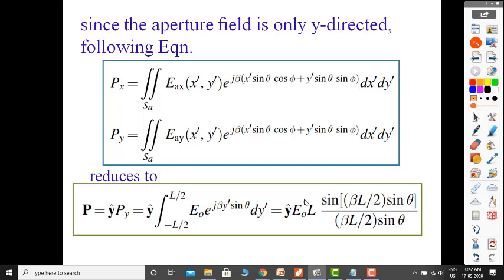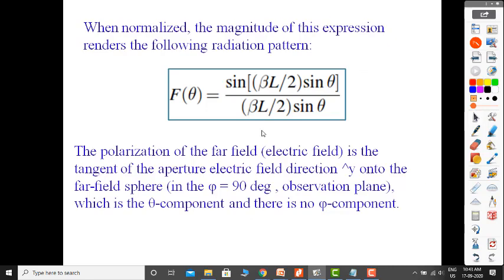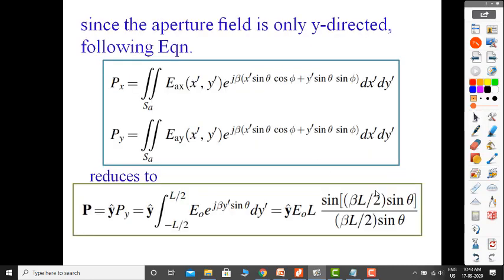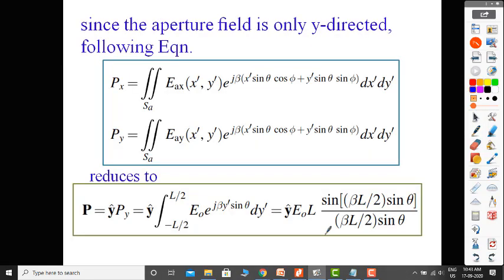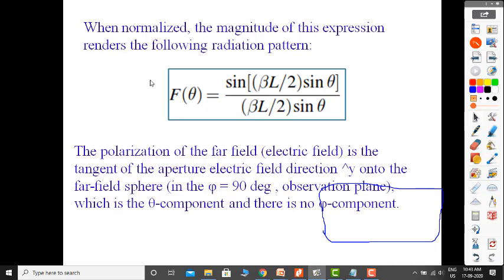After normalization, meaning just dividing by the magnitude, this sin of beta L by 2 sin theta over beta L by 2 sin theta is f of theta. So the magnitude of the expression has the following radiation pattern.